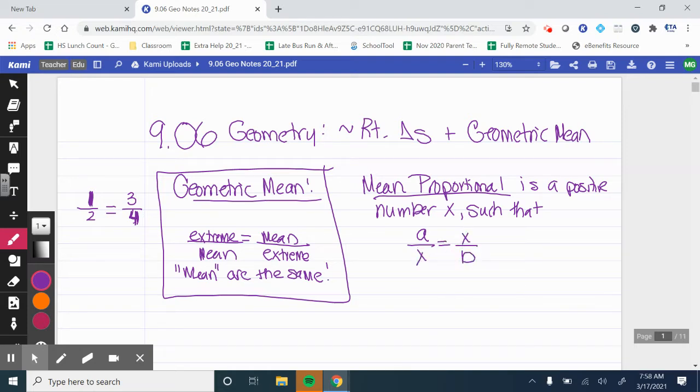So again, that x is your geometric mean. That's going to be the same. So if you were to solve this, then you'd have x squared equals a times b, or x equals the square root of ab. And this one, we're only going to take the principal square root, which just means the positive square root. Think your principal is very positive, only the principal square root.